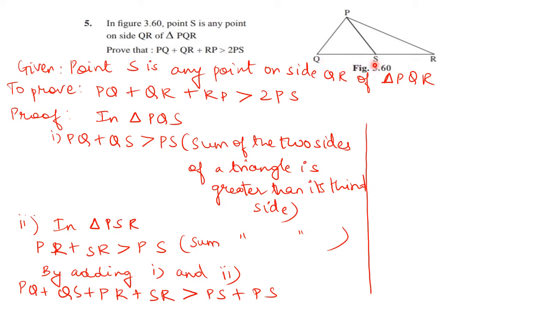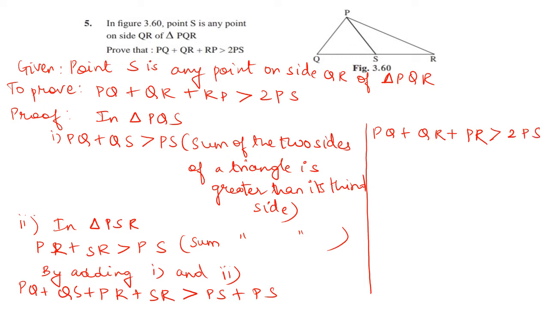Now you can see QS plus SR is nothing but QR, isn't it? QS plus SR is nothing but QR. So instead of QS and SR, I will write QR. So it would be PQ plus QR plus PR, and this PS plus PS would be twice PS.